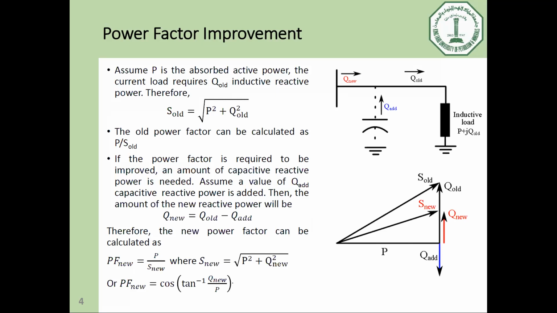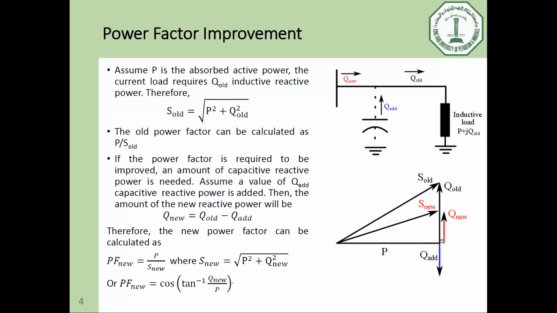This induction motor has a lagging power factor, so it absorbs real power, which represents the active power or the mechanical load on the motor itself, plus some losses on the motor. This is the part P, the active power, and also due to the inductance of the coil itself, it needs some reactive power. So we have another value Q, which is Q old.